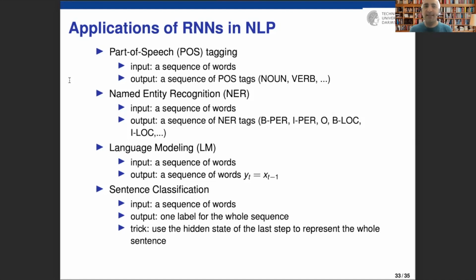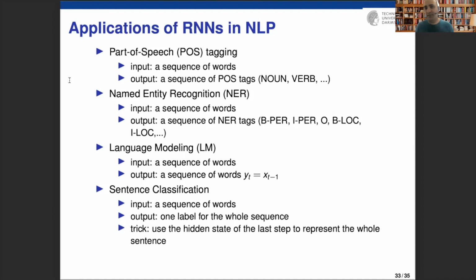The second task is named entity recognition. The input is a sequence of words and the output is a sequence of named entity recognition tags. For example, we usually use BIO labels.